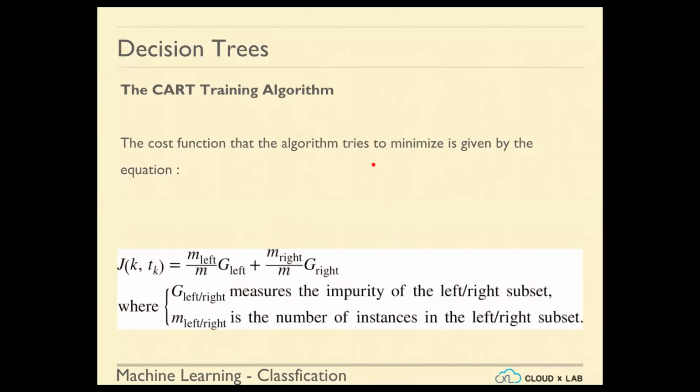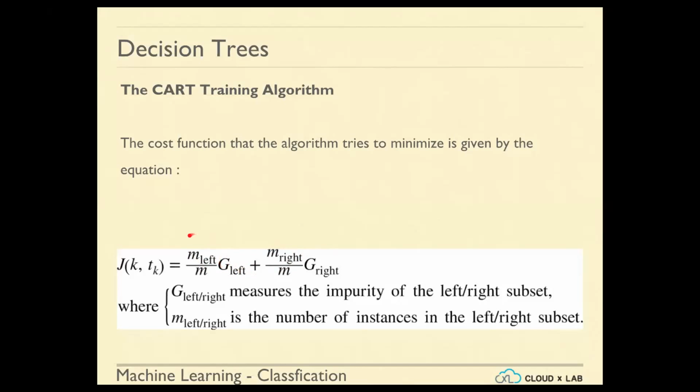The cost function that the algorithm tries to minimize is given by this equation. Here, m_left divided by total m, which is the number of instances on the left-hand side divided by total instances, is multiplied by G. G is the measure of impurity on the left. So it's basically the weighted average of the impurity.